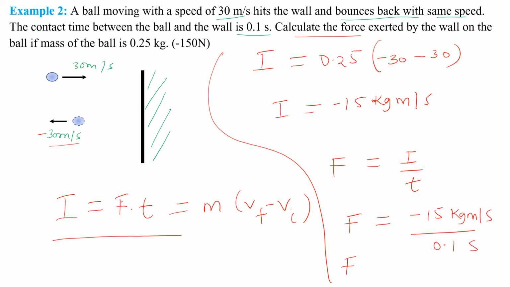So the force is going to give us negative 150 kilogram meter per second squared. If you wish, a kilogram meter per second squared is the same as a Newton.